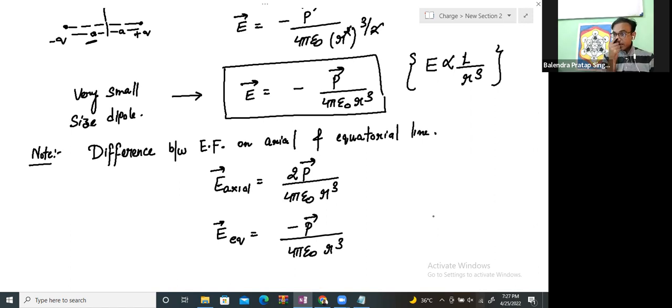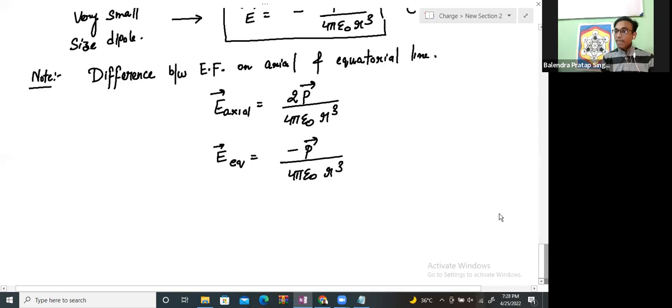And the other thing is the direction. At axial line, the electric field is the same as the electric dipole moment, but at equatorial line the electric field is opposite to the dipole moment. So the first difference is the direction of electric field.